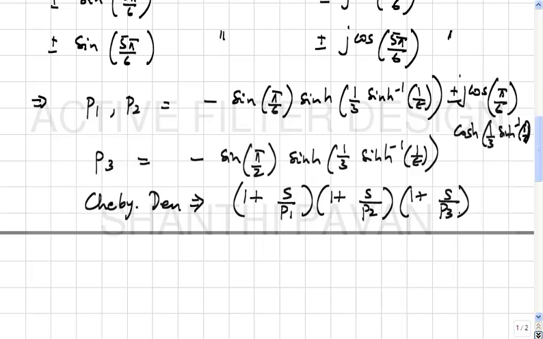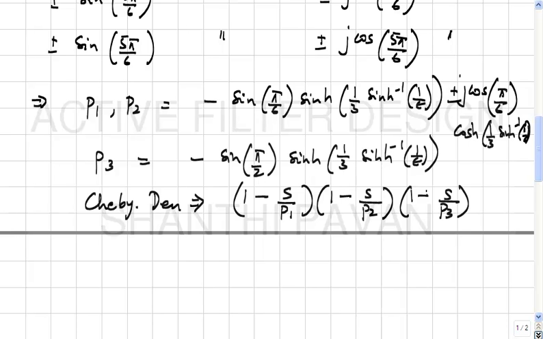You could also do it as s minus P1, s minus P2 and s minus P3, since P1 is a pole, right? They're all the same thing.